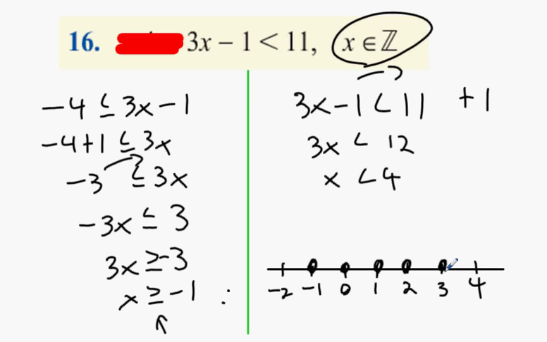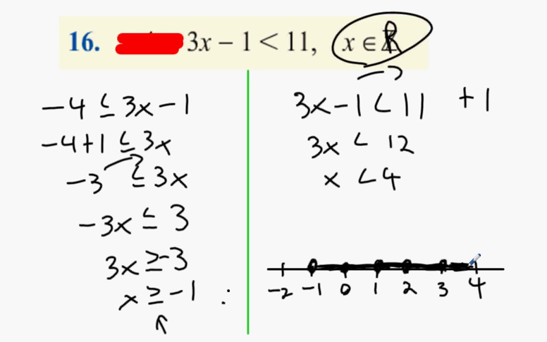Everybody go with that? Now, if I change this to x element R, yeah? If I change this question to x element R, what would happen? First of all, it's no longer dots, is it? It'll be a shaded in line. And what's the next thing that would happen? Is 3.99 smaller than 4? Yeah. So that means we'd include this part as well, wouldn't we?